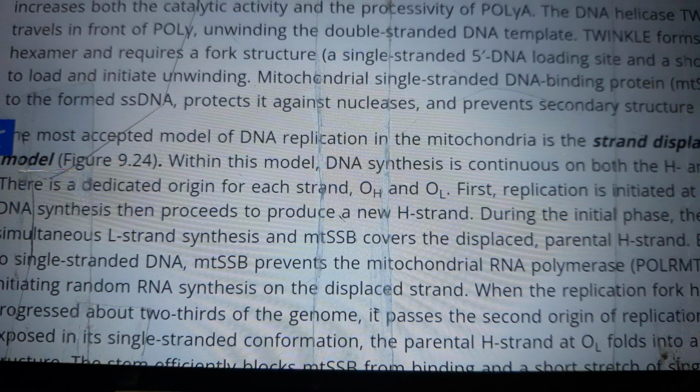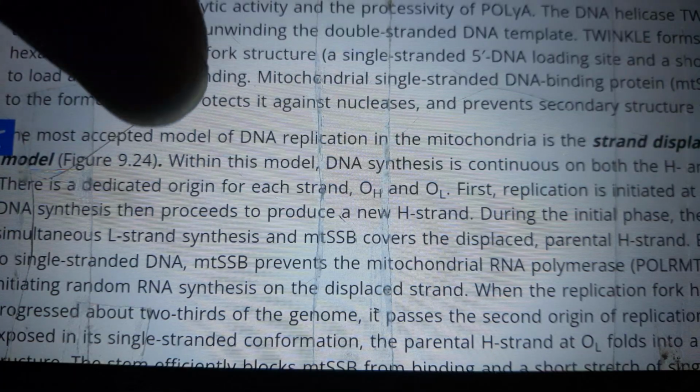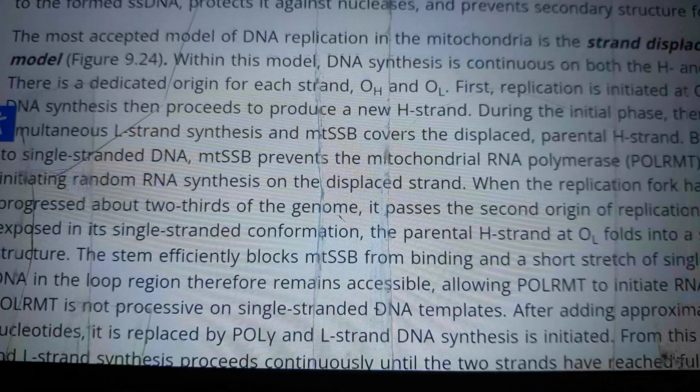Mitochondrial single-stranded DNA binding protein, mitochondrial SSB, binds to the formed ssDNA, protects it against nucleases, and prevents secondary structure formation. The most accepted model of DNA replication in the mitochondria is the strand displacement model, which is shown in figure 9.24.